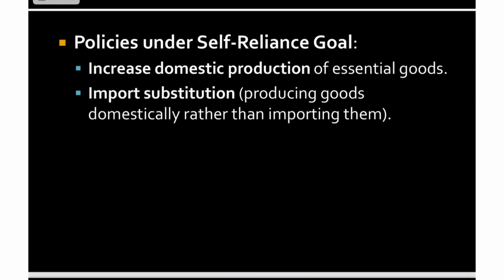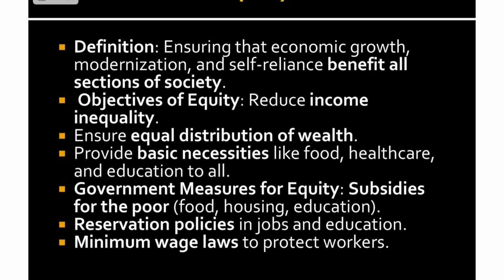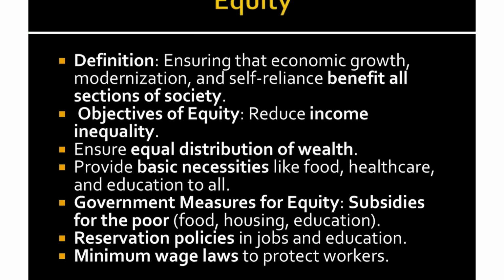The policies under the self-reliance goal were increased domestic production of essential goods and import substitution, that is, producing goods domestically rather than importing them. So our goal was to increase domestic production, substitute imports, and start producing ourselves. And the last one is equity, which is different from equality.